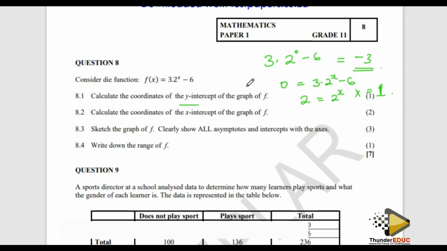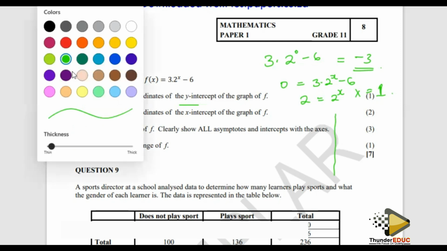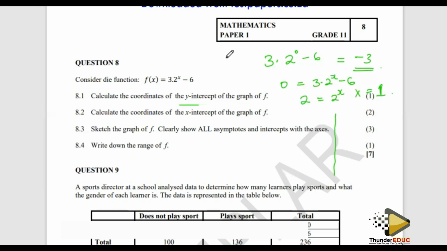Then they want you to sketch. Let me just sketch it somewhere here. Something with a bright color. So we know that -6 is our asymptote. I'll just put it somewhere there.